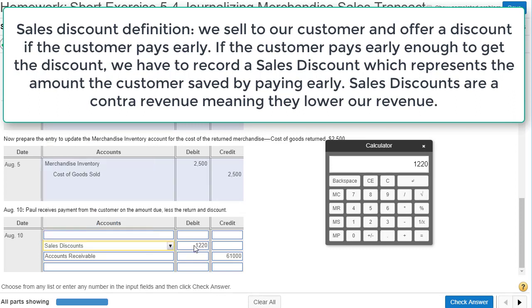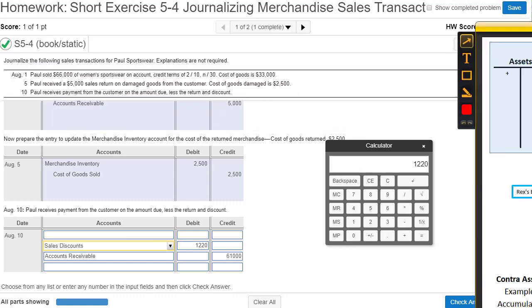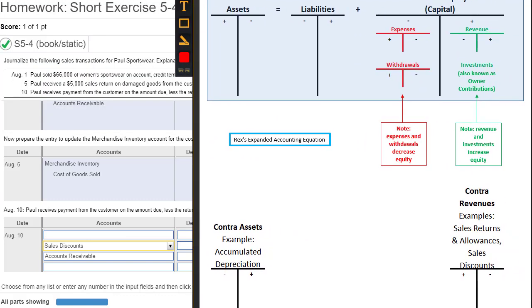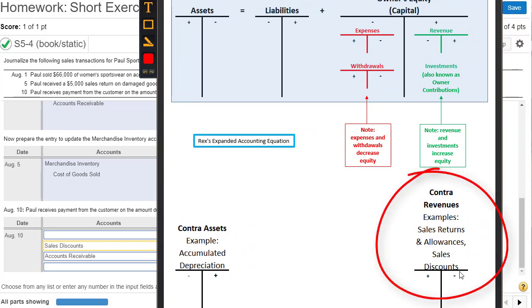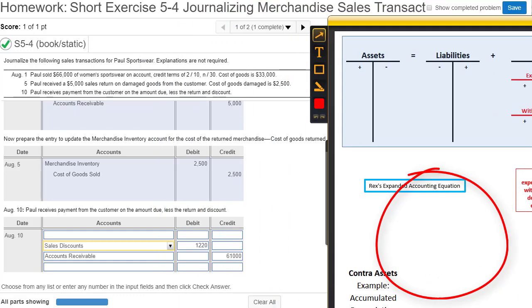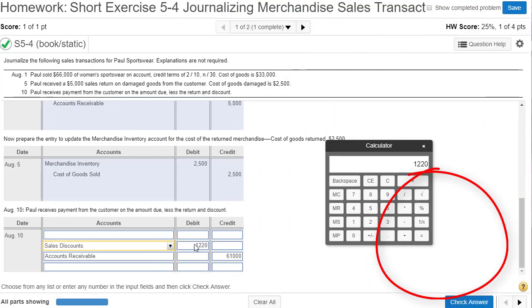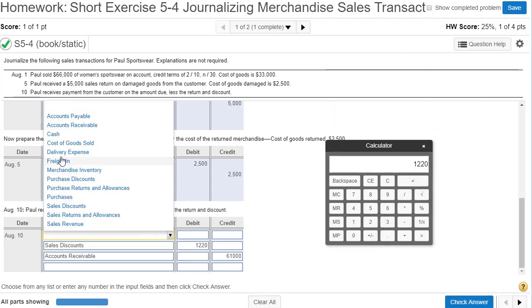So you might be asking, why are we debiting that? Well, let's go back over here to our contra revenues. Contra revenues are down here. Do we now have to record more sales discounts or less? We have to record more sales discounts, so that is why it's a debit. And now we just need to figure out how much they are going to pay us in cash.